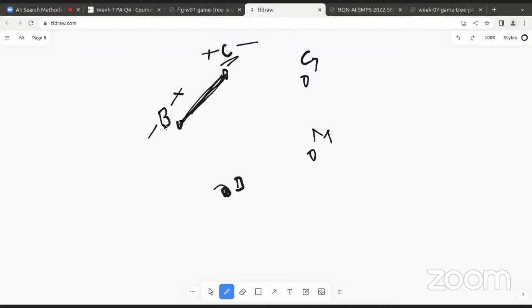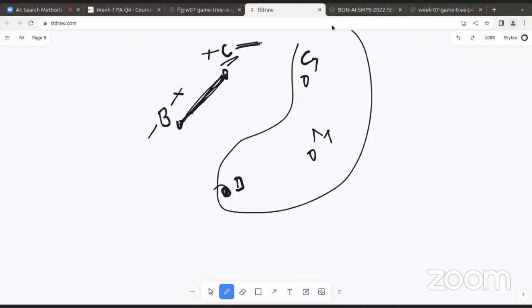Now, for B, what is the next value I will pick up? Next smallest, we need to go and pick up. Then for C, I need to have one more edge. So this will be the next smallest available. And for the others, we have to take the minimum 2.